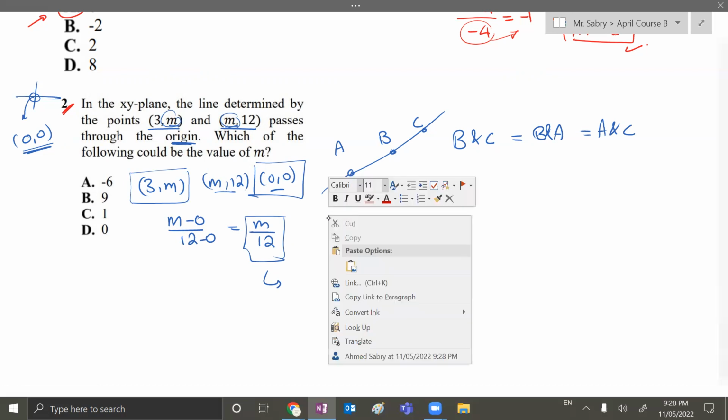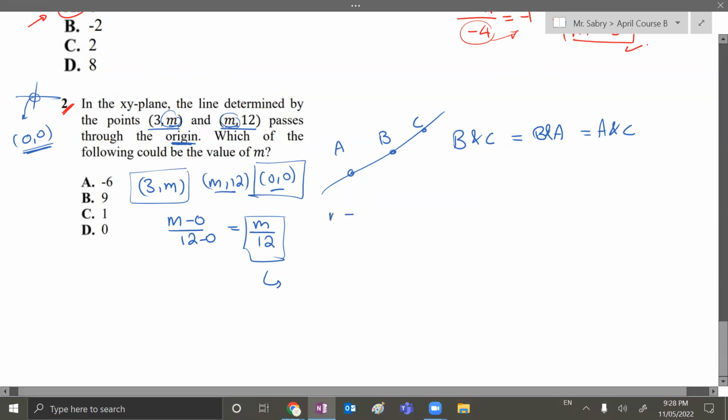So m minus 0 over 3 minus 0 should give me m over 3. Now this one and the other one are supposed to be equal. So m over 12 is supposed to be equal to... let me just make sure that I did the correct calculations.